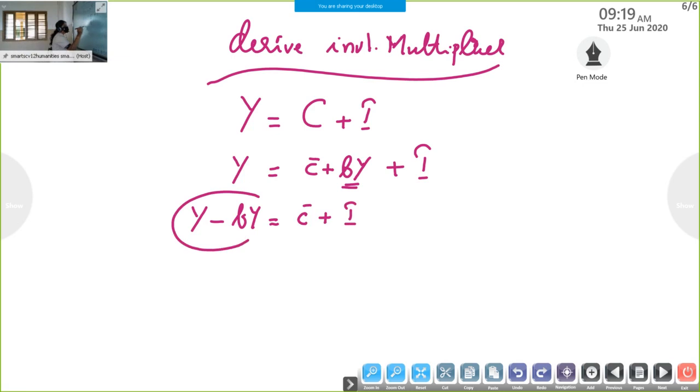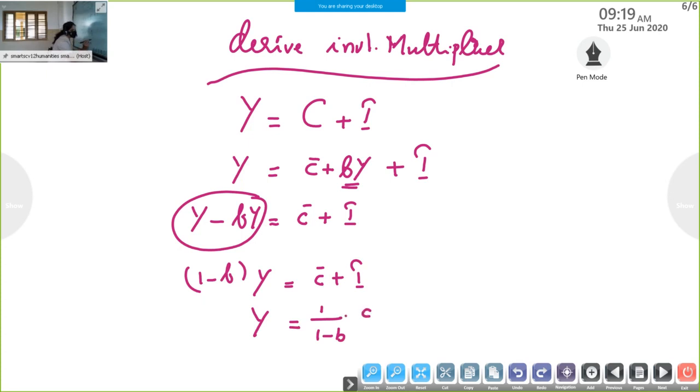Then we write Y times 1 minus B is equal to C dash plus I. Then Y is equal to 1 by 1 minus B into C dash plus I.